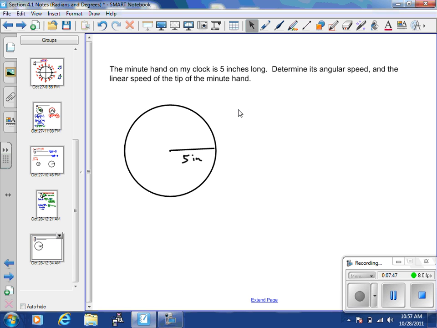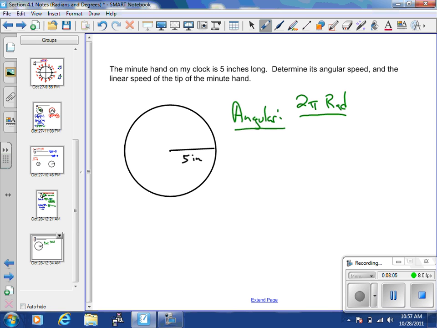So we'll go ahead and do our angular speed. We need an angle divided by time. Well, the angle in one full revolution is 2 pi radians. How long does it take for that to happen?